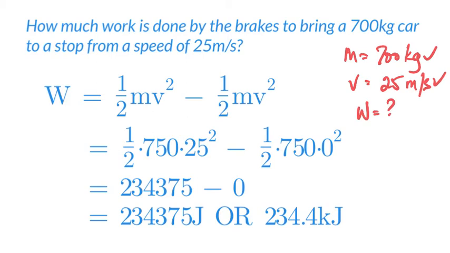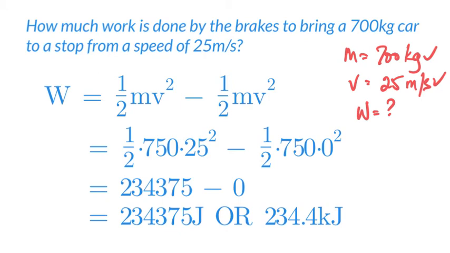Right, so let's go through it. If I'm looking at the difference in kinetic energy, I can work out the kinetic energy of when it's moving and the kinetic energy of when it's stopped, and look at the difference. And that will tell me how much work had to be done by the brakes.